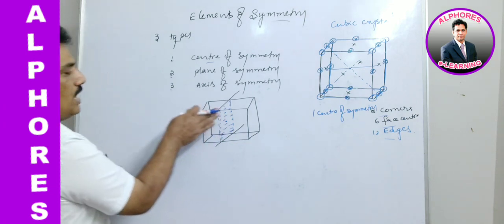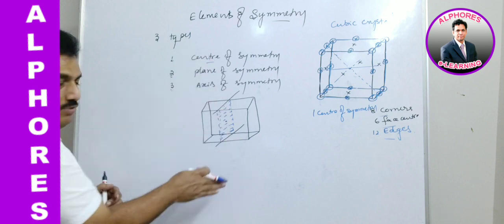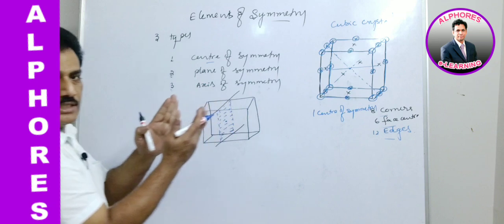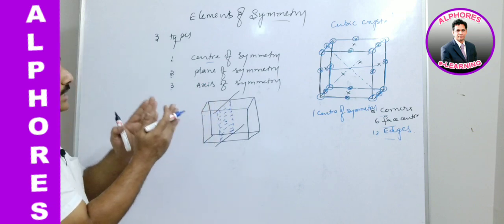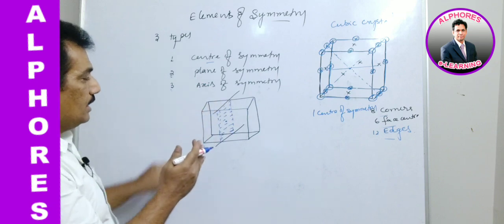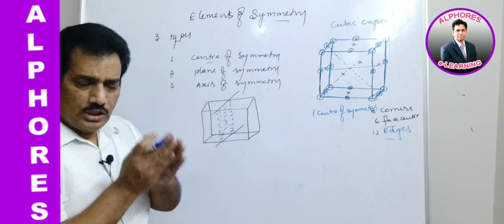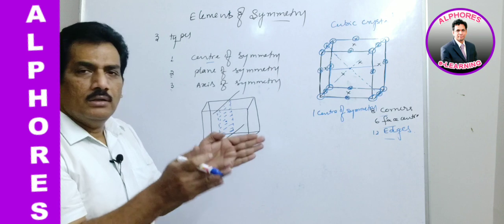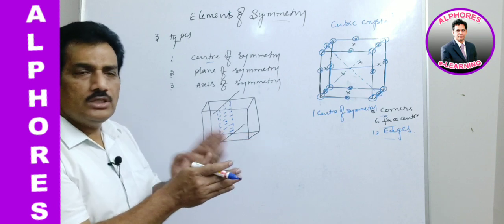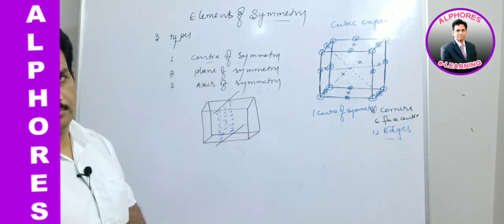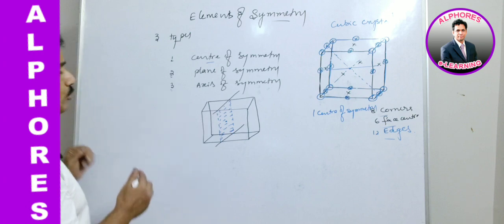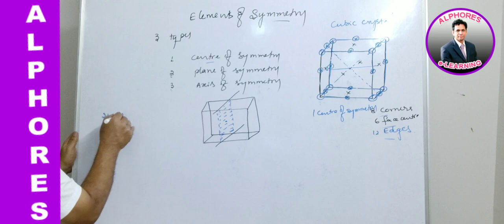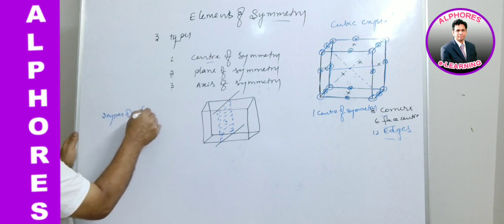As you know, when we cut this object through one face at the center, the two halves are mirror images to each other. Is it not? Such an imaginary plane which can divide any object into two equal halves that are mirror images to each other is known as a plane of symmetry. In the case of a cube, you can observe two types of planes.